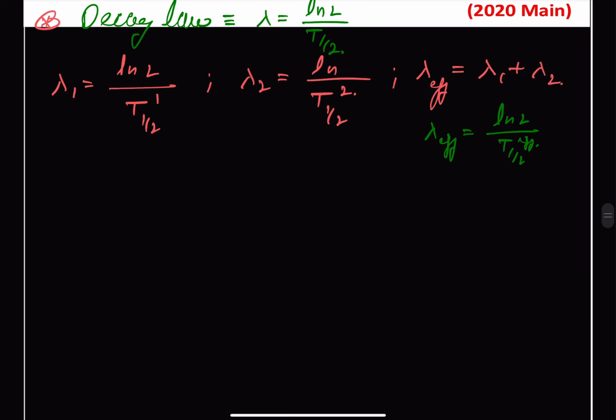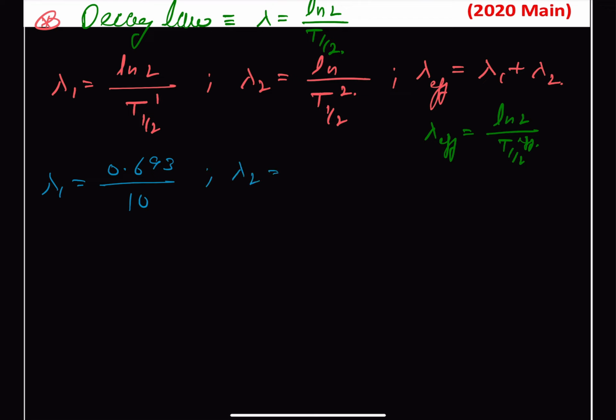Okay, so let us first of all find out lambda effective, so we substitute the values for the first and the second. So lambda 1 will be equal to 0.693 divided by 10.